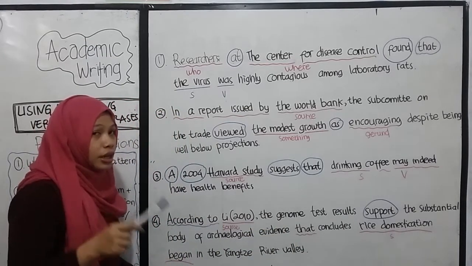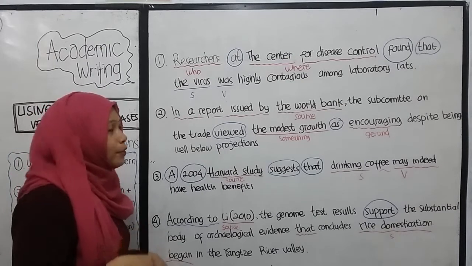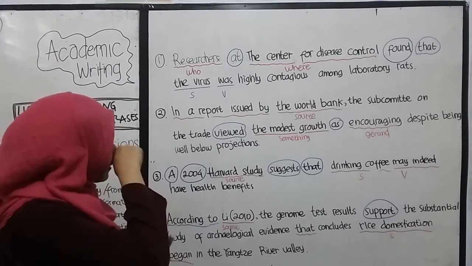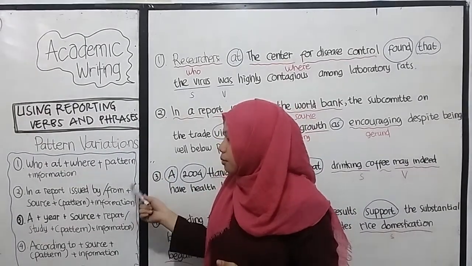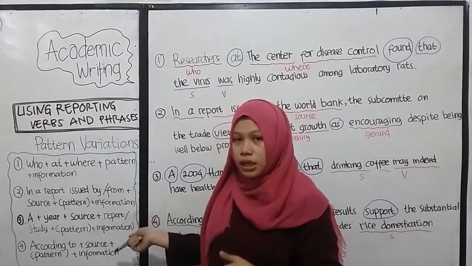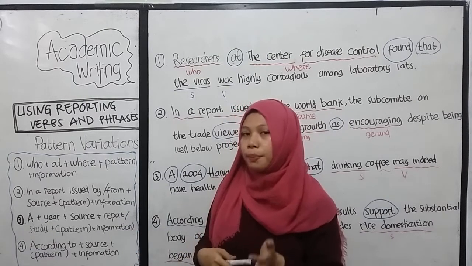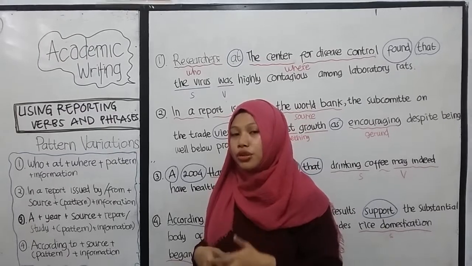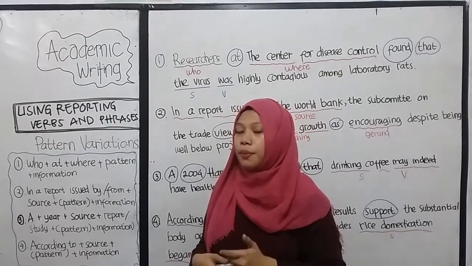This is pattern variation number 4 for pattern 1. So that's all about pattern variation number 1, number 2, number 3, number 4, and how to write pattern 1, pattern 2, and pattern 3, the three general grammatical patterns for using reporting verbs and phrases.